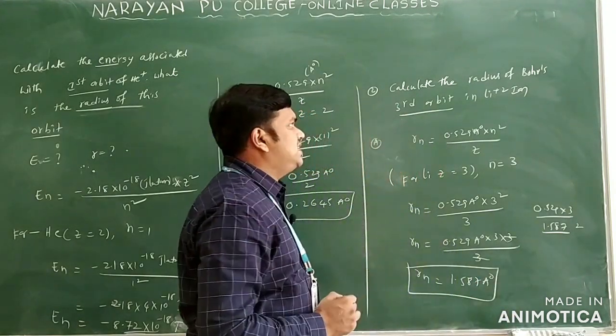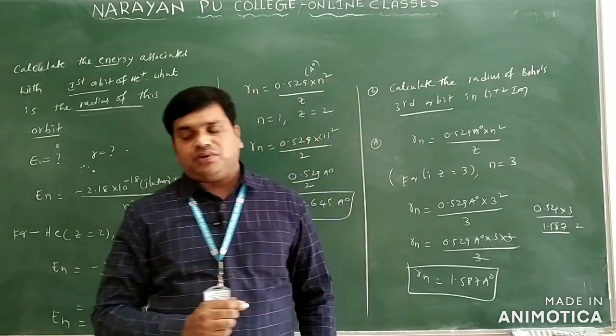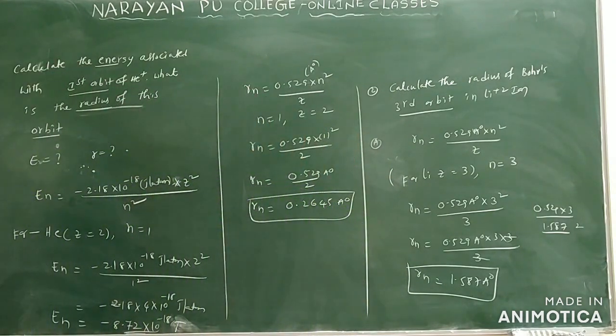This is the radius of the third Bohr orbit for Li plus 2 ion.